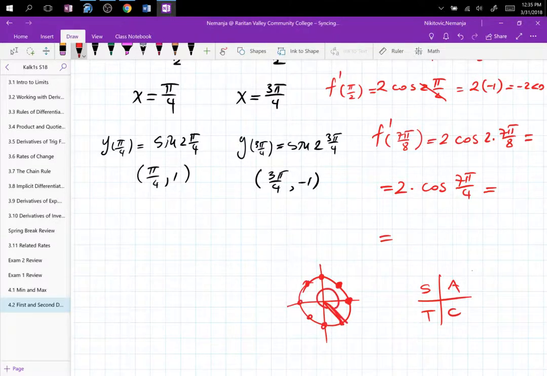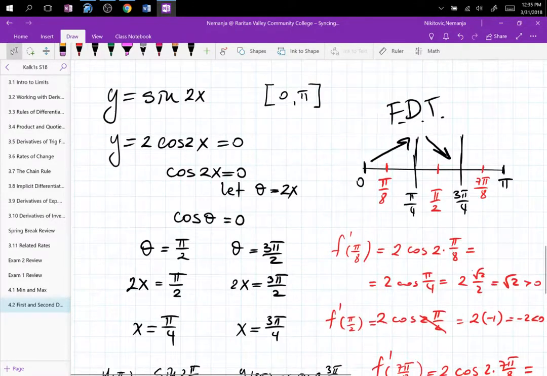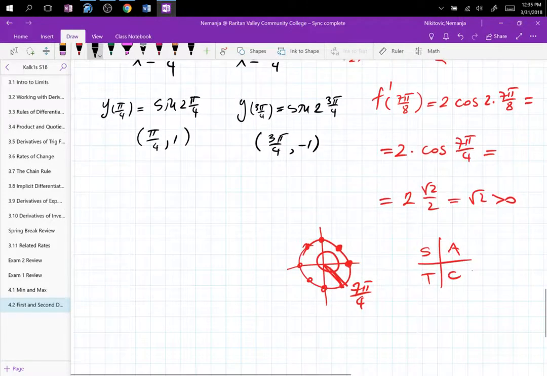It's right here. So this is 7 pi over 4. It falls in the fourth quadrant. Cosine is positive in the fourth quadrant. So it's 2 times root 2 over 2, which is root 2, which is bigger than 0. And there is another increase over here. Okay, good.